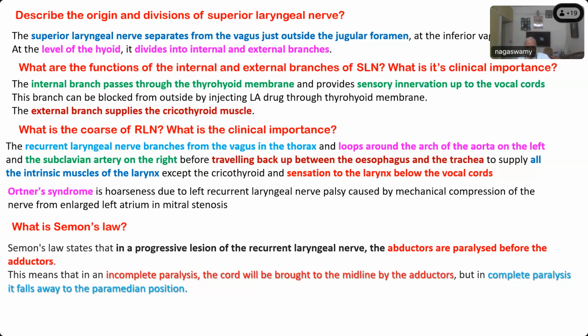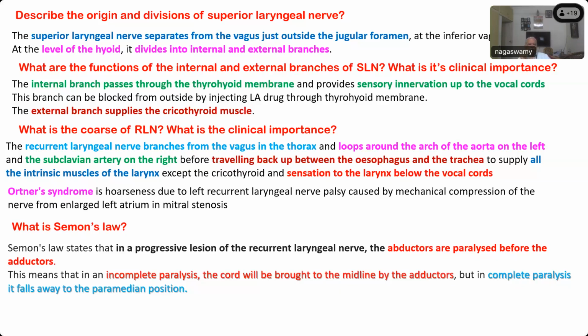So if you have bilateral partial recurrent laryngeal nerve injury, that is the most dangerous airway obstruction a patient can have, because the vocal cord will come and get stuck in the midline because of the powerful action of the adductor. Whereas if you have a total injury to both recurrent laryngeal nerves, you may still have some opening because the abductors and adductors are both paralyzed here.